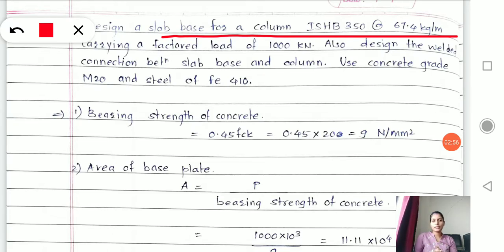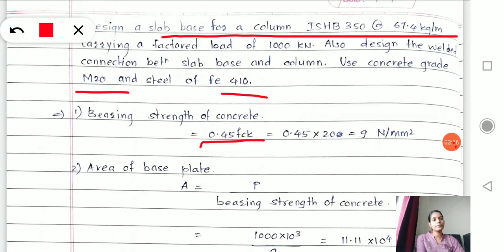Calculate the bearing strength. From the steps we know the bearing strength of concrete is 0.45 fck. And what is the fck? 20 MPa, here the grade of concrete is M20.